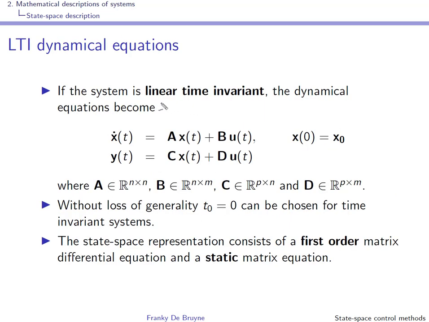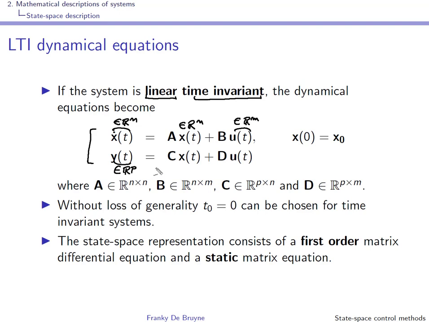If the system is linear and time invariant, the dynamical equations become as follows, and this is the state space description that we'll be using extensively in this course. Remember that x dot and x are in Rn, that u is in Rm. This means that there are m inputs, and y is in Rp. There are p outputs.